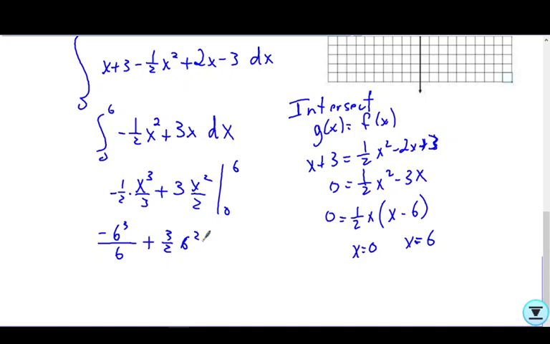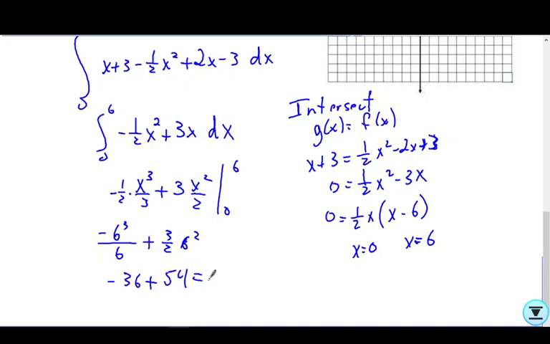And 6 cubed divided by 6 is 6 squared, so this is negative 36, plus 3/2 times 36, that would be 54.